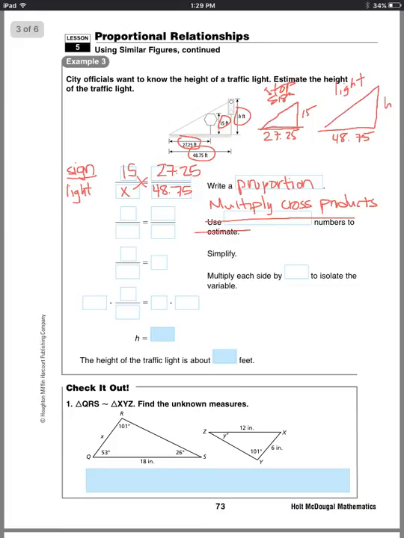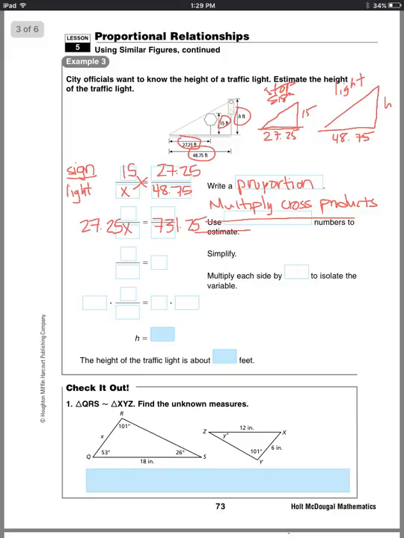So we have 27.25x equals 15 times 48.75, and we have 731.25.